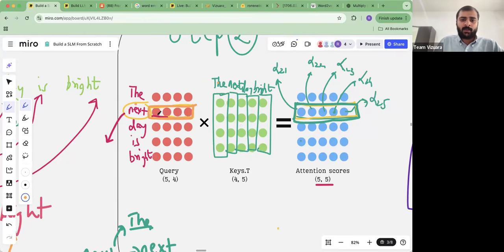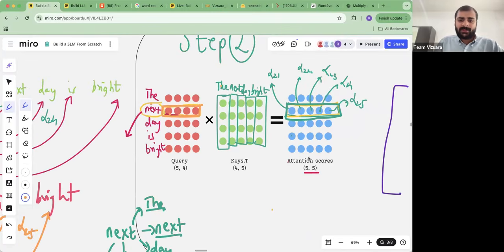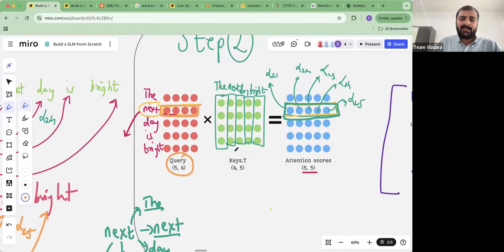To get the attention score between next and next, I multiply this row with the second column. To get the attention score between next and day, I multiply this row with the third column, etc. So the way we get the attention scores from the queries and the keys matrix is we multiply queries with keys transpose.